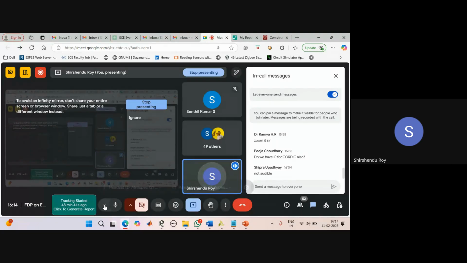Okay, so the thing is that Cordic, do we have IP for Cordic also? Yes, IP for Cordic is available. I can use it. It is available in Vivado also. It is available in the Intel also, and we can use the Cordic here also.